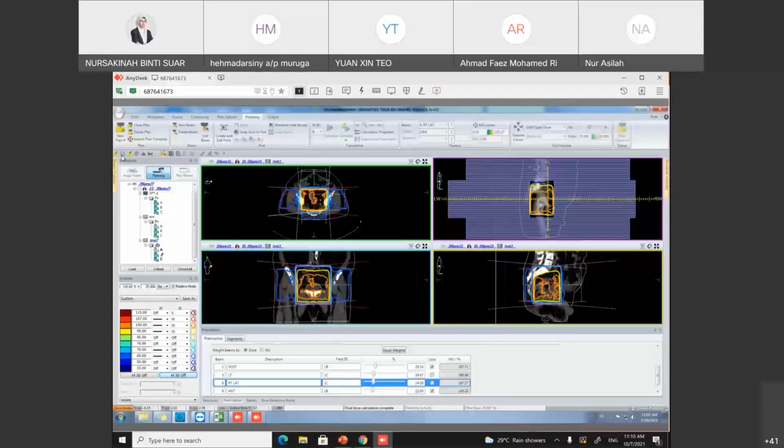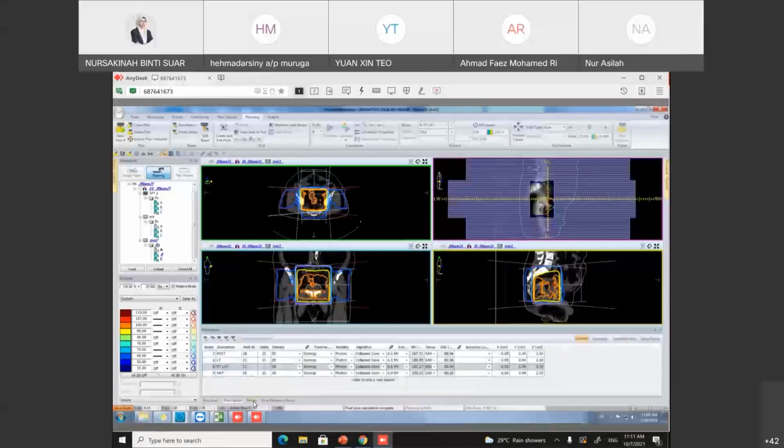How can I modify this dose? How can I reduce this dose? Okay, the answer is I can change the lateral beam to 10 MV.